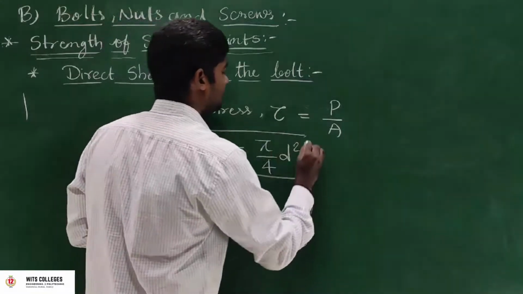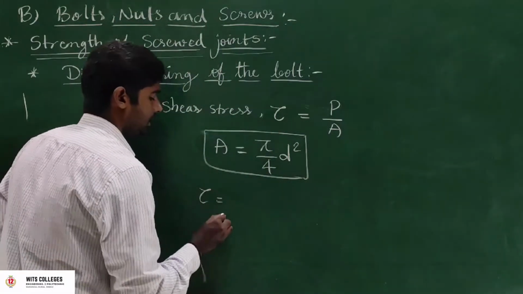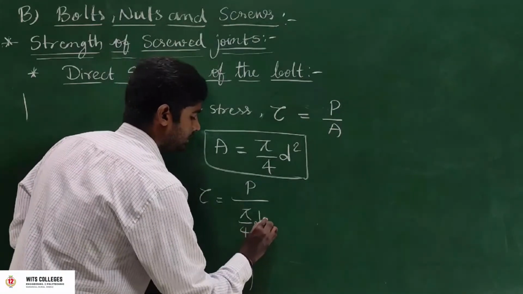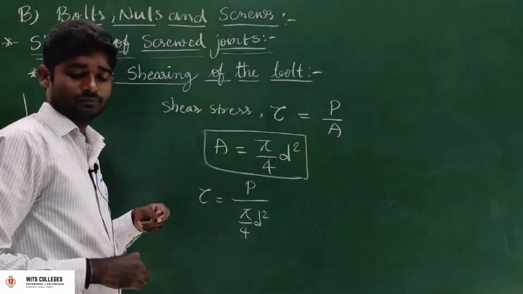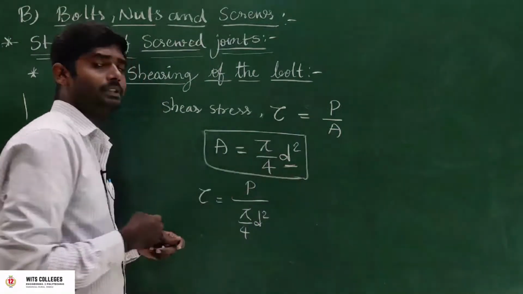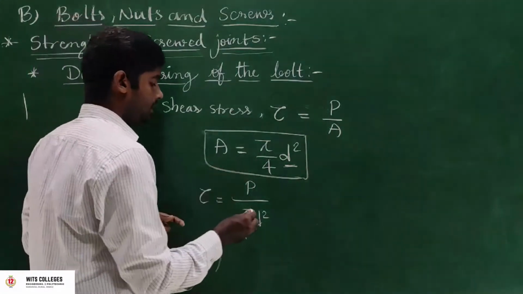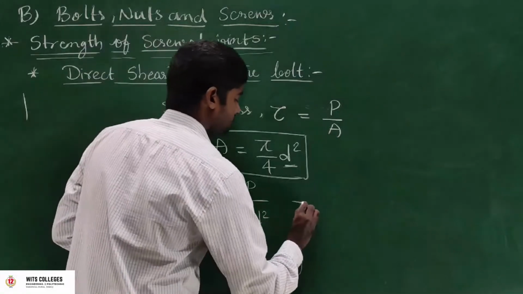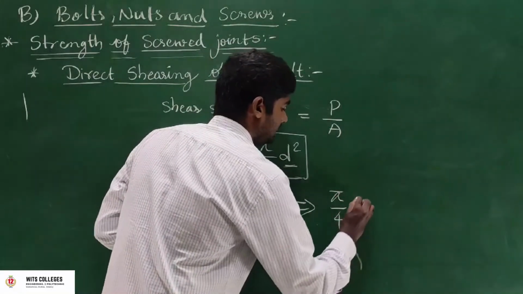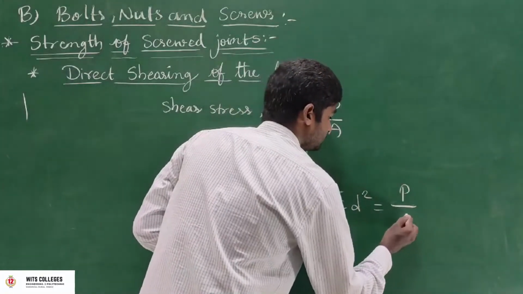Using this area formula, tau is equal to P by pi by 4 d square. In this one we find out the diameter of the hole. Using this equation, pi by 4 d square is equal to P by tau.